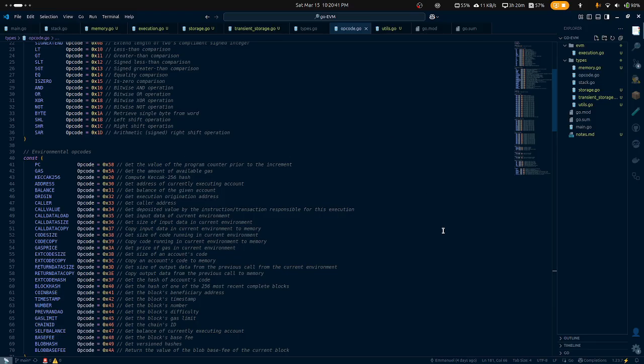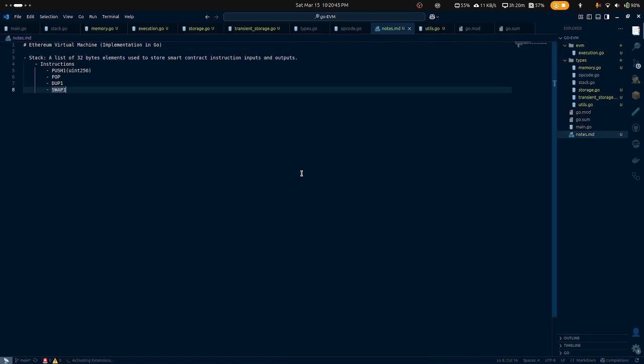For instance, let's see, we have an instruction like 60 42. This is basically a bytecode. We have 61, 64, we have 5e, 127, right?